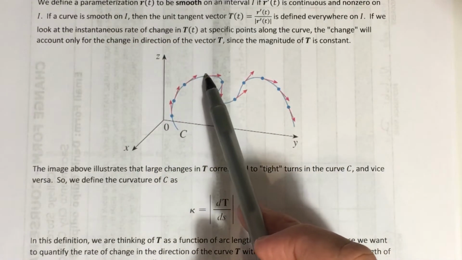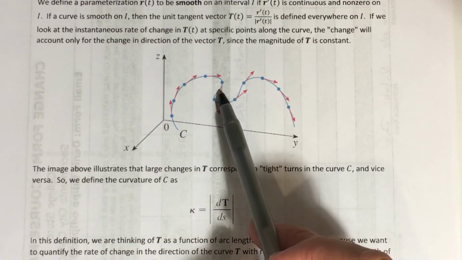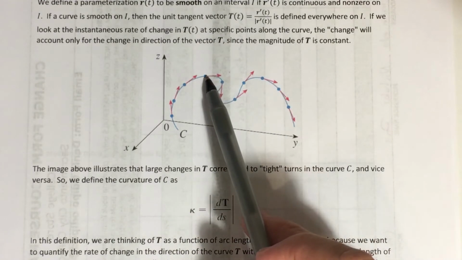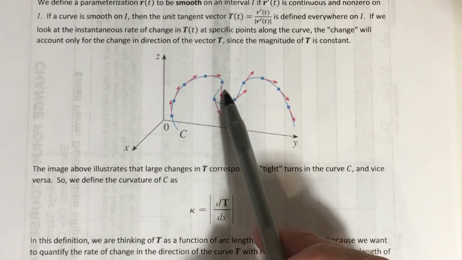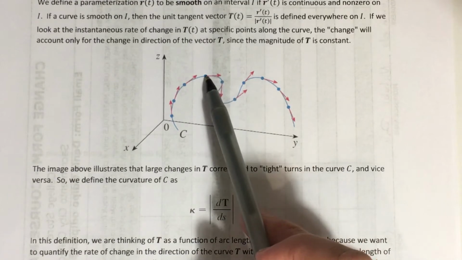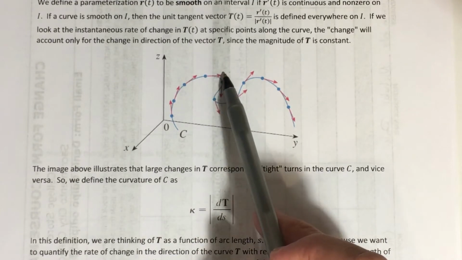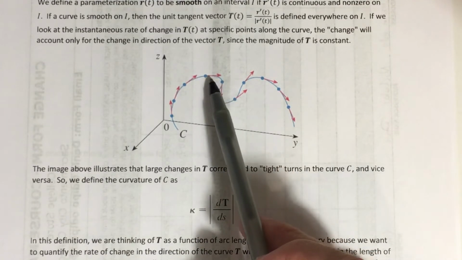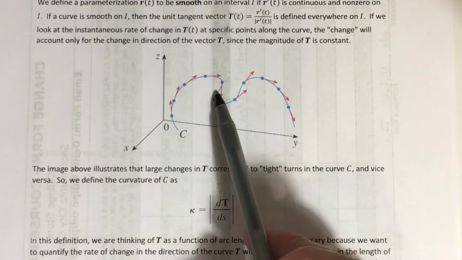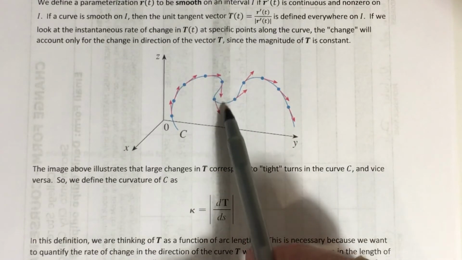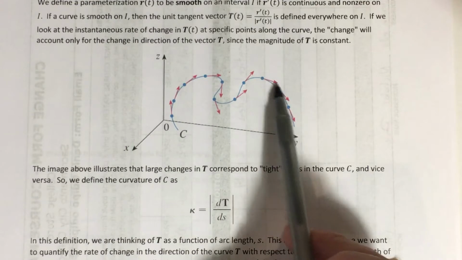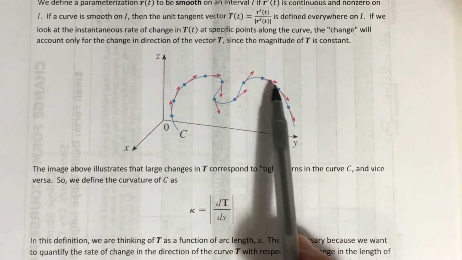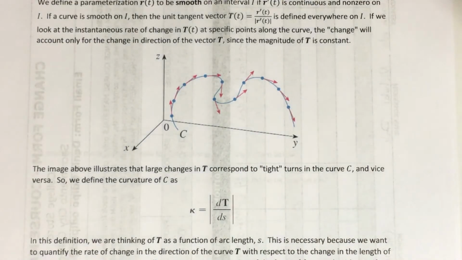Notice, however, as the space curve takes a tight turn right here, the direction of that unit tangent vector changes pretty rapidly. It goes from pointing this direction to something that looks like it could be even more than a 90-degree turn, just going from here to here. So that tight turn corresponded to a rapid change in the direction of our unit tangent vector, whereas these gradual turns correspond to a slower change in the unit tangent vector's direction.